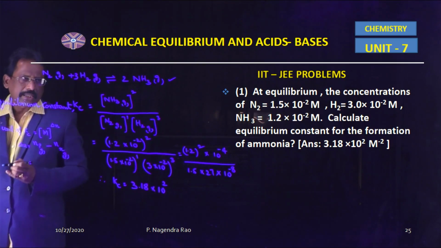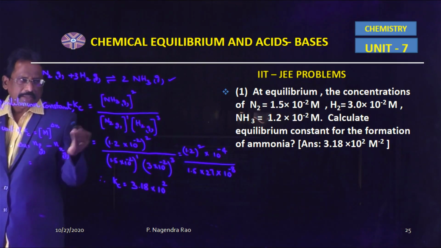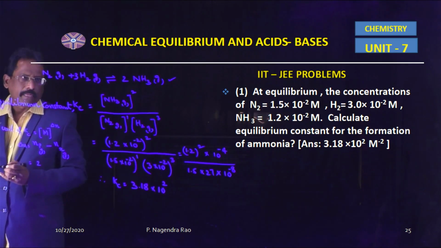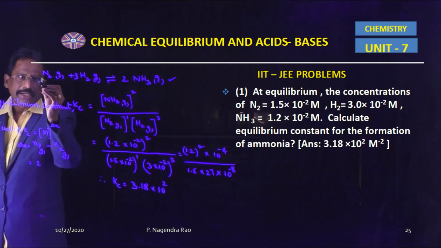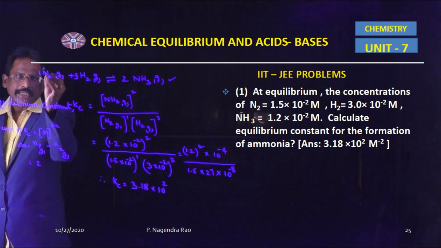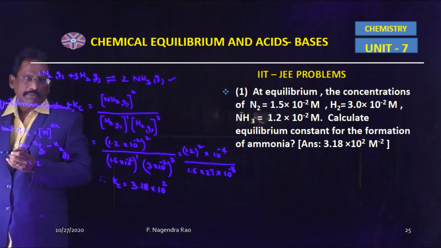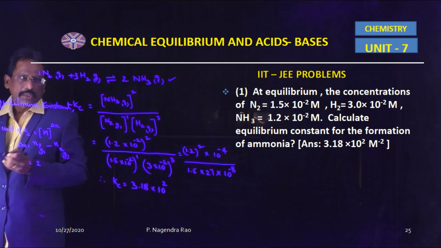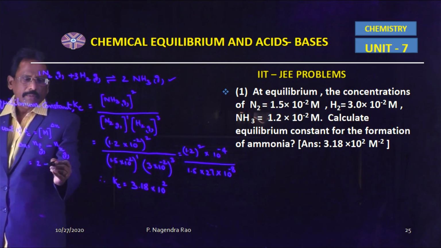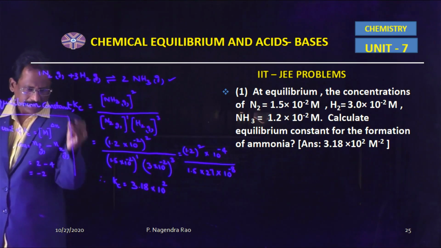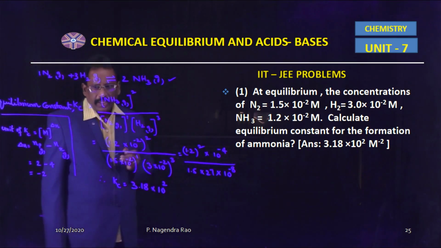Now on the product side, the number of gaseous moles is equal to 2. On the reactant side, the total number of gaseous moles is equal to 4. So 2 minus 4, delta N is equal to minus 2.